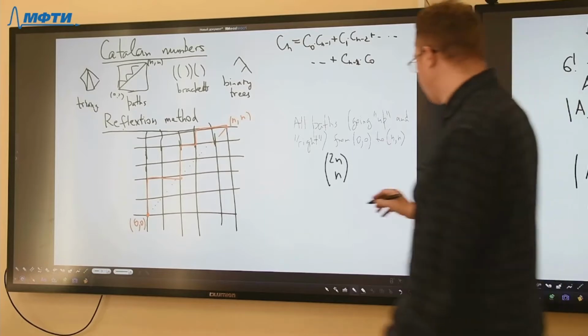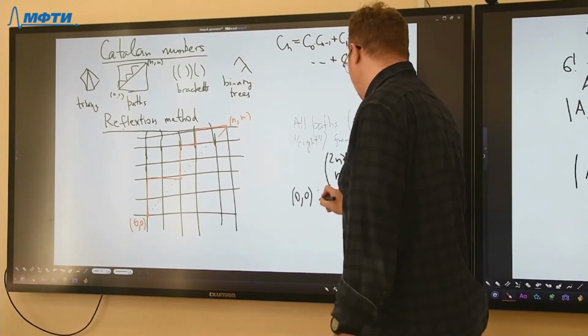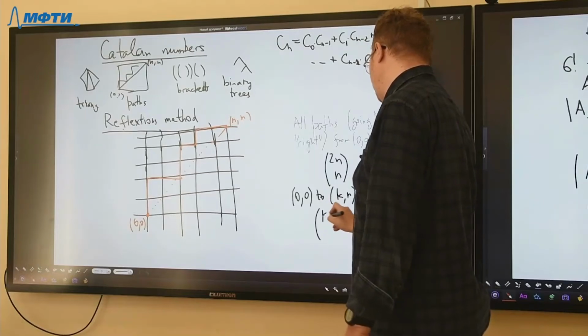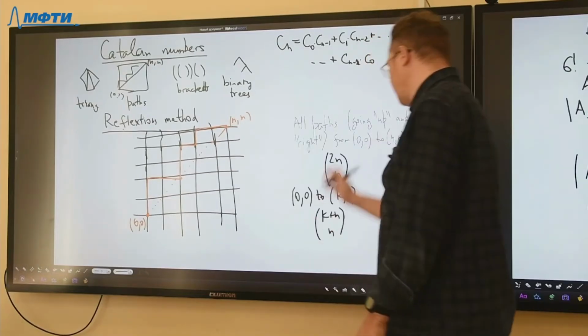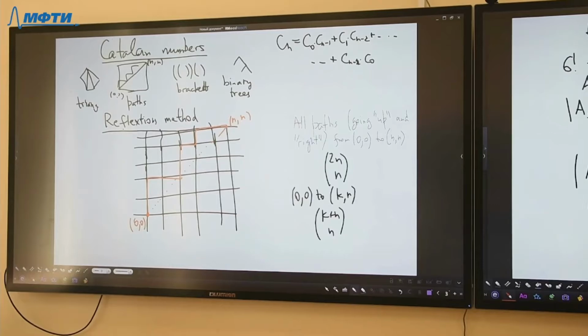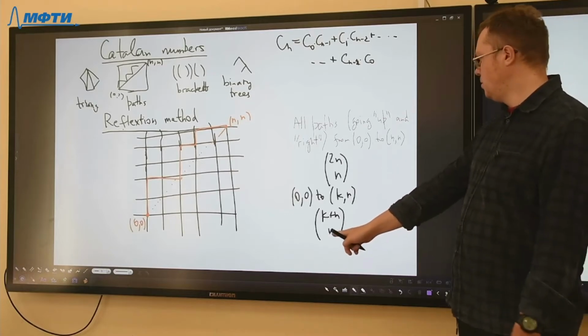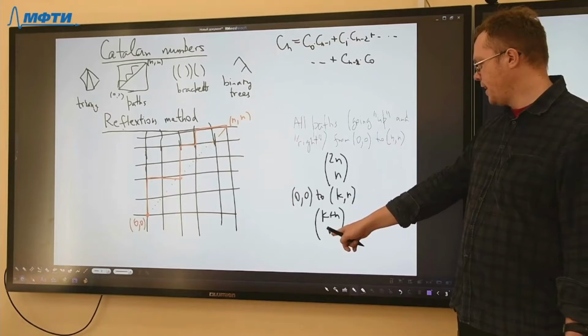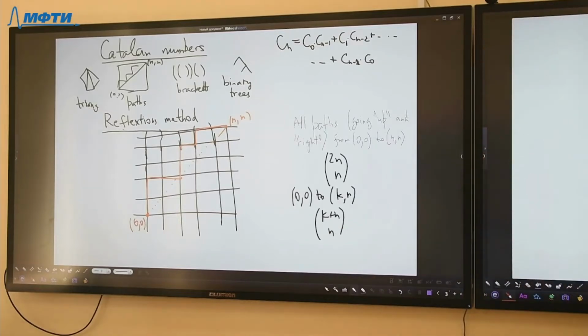And if you're going from (0, 0) to (k, n), then the formula will be k plus n choose n, the same way. We use the same idea. You're going k plus n steps, and exactly n of them should be up. This is exactly the number of combinations.